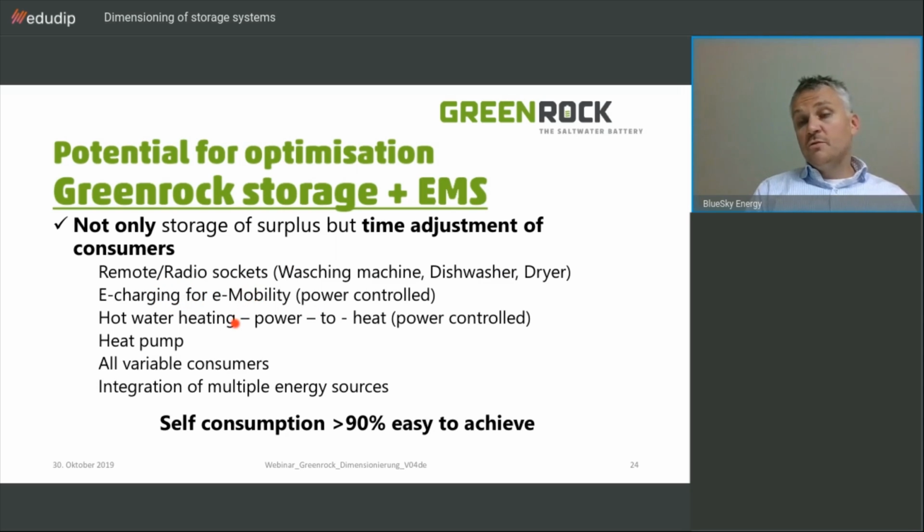One other option, of course, is that we are integrating heating elements and making power to heat topics. Before, we have excess PV, which triggers that we have to curb the PV production. We are taking that excess energy, and with the heating element, we are heating up the boiler. For example, the boiler is at 60 degrees Celsius, the water temperature.